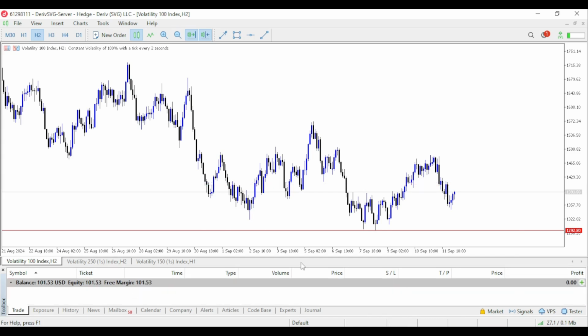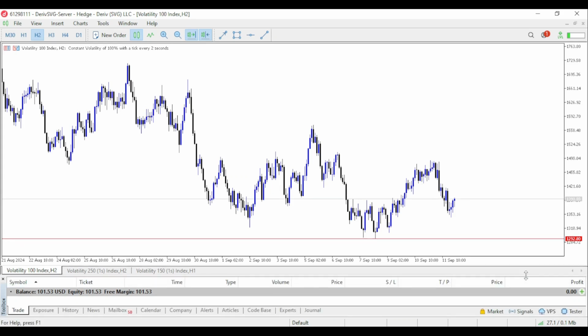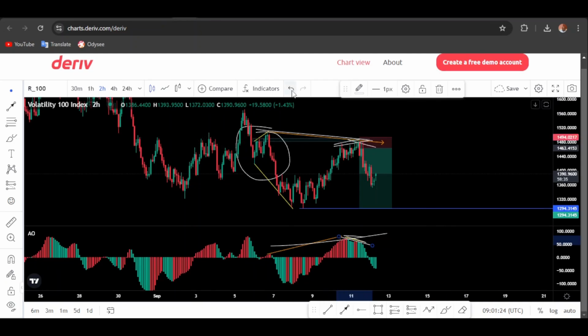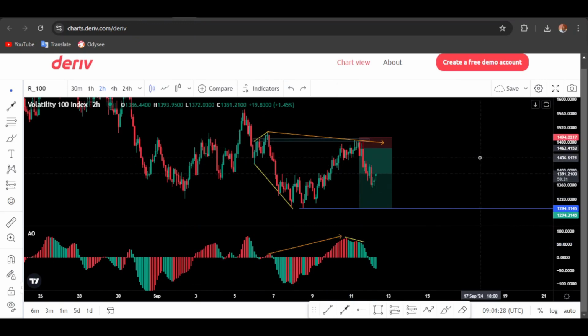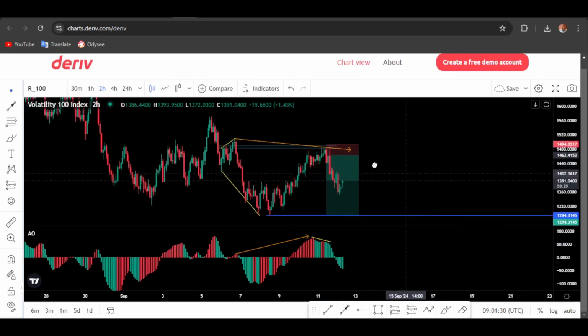So you can see that now currently, look at this guys, our account that was $20, we are now at $100. So we've actually been able to multiply this account 5 times within just 2 days. So that is what we're talking about when we talk about the power of QM pattern. You need to be able to understand the QM pattern, how it works and everything.